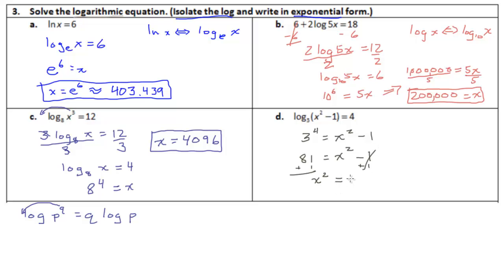So x squared is equal to 82. 82 doesn't simplify. Divide 82 by 2, you get 41, which is a prime number. So this is simplified. Taking a square root of both sides, I get x is equal to plus or minus the square root of 82.